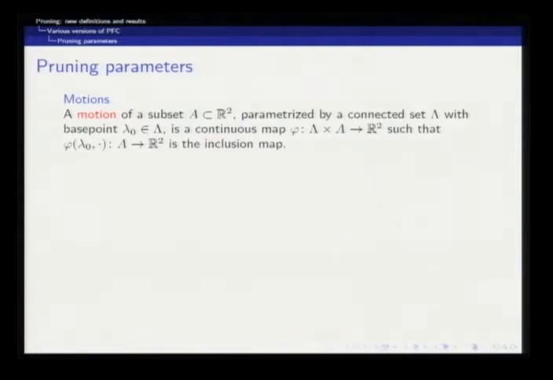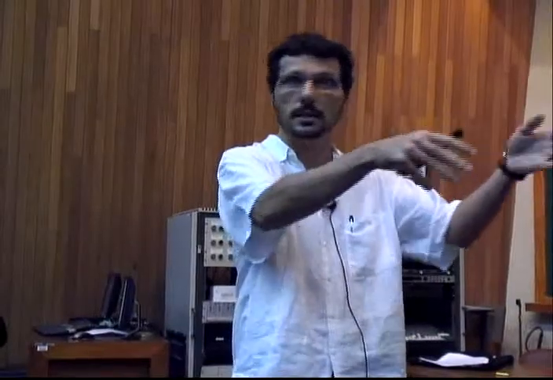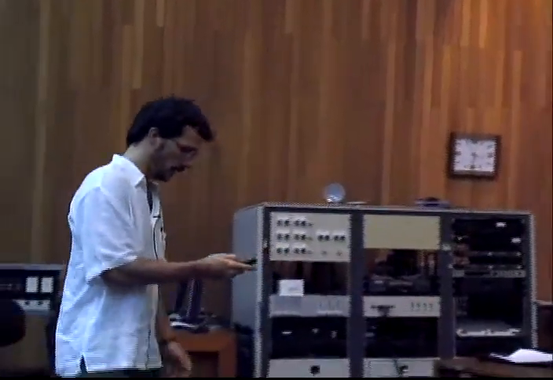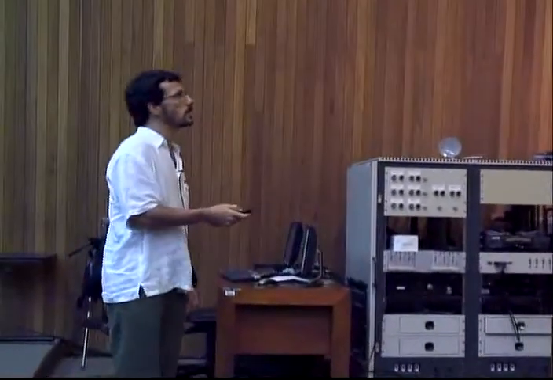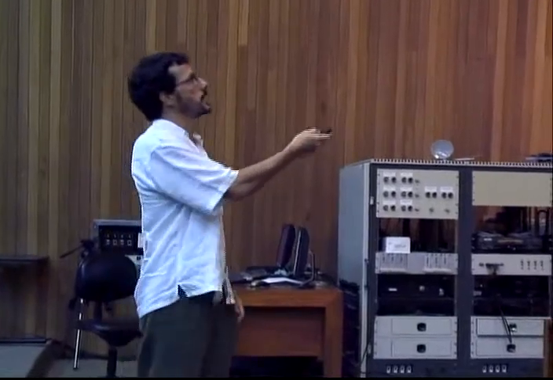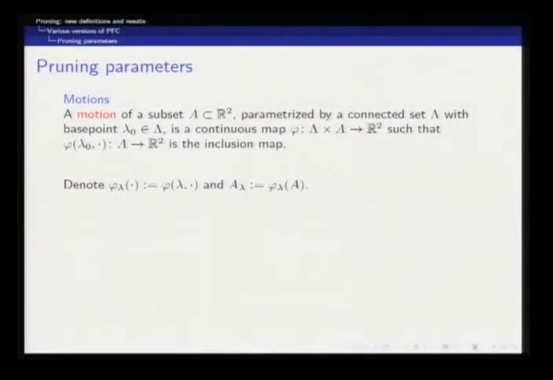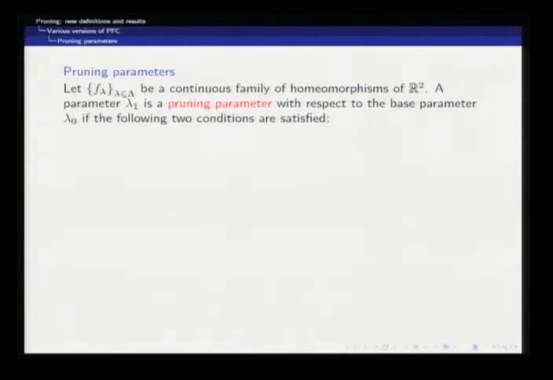And in particular, points could be colliding, and things could be happening. Okay? So then we denote phi as the motion, phi lambda is the motion at any given moment, and A lambda is the set after you moved it lambda forward or whatever.